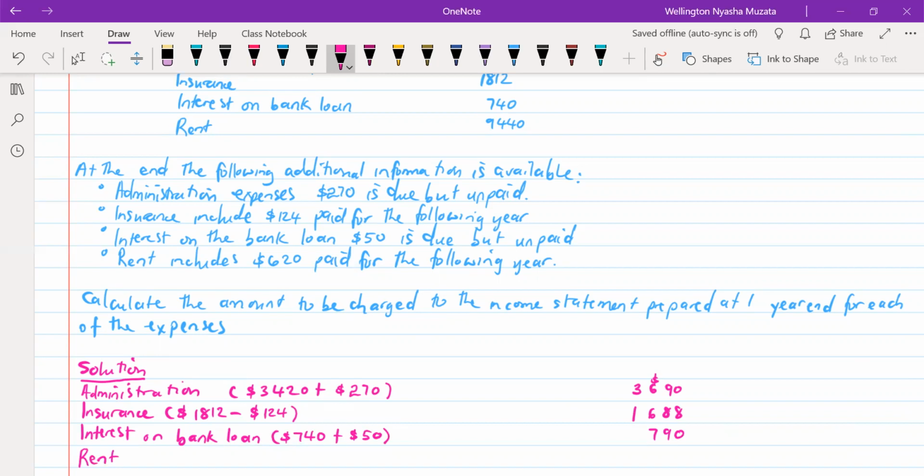statement of financial position. The rentals of $9,440 included a payment of $620 for the following year. That is going to be subtracted because it doesn't belong to this accounting period.